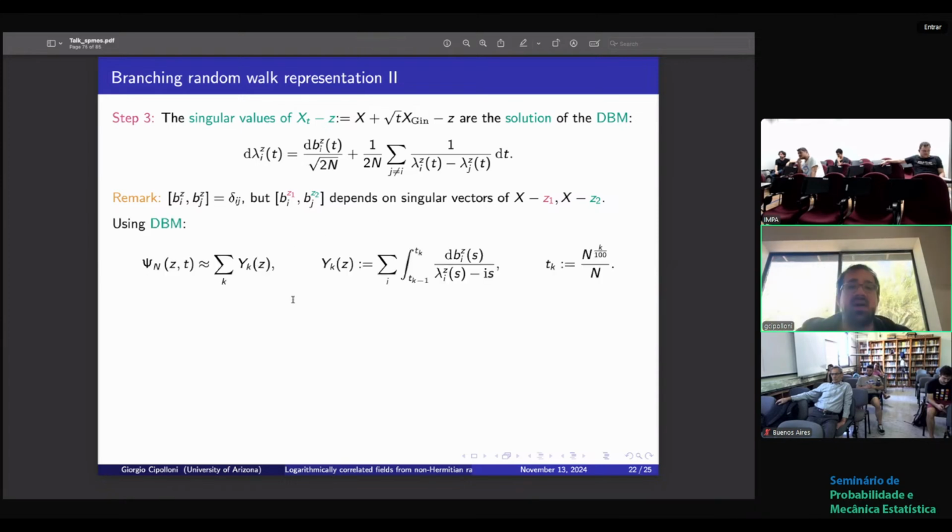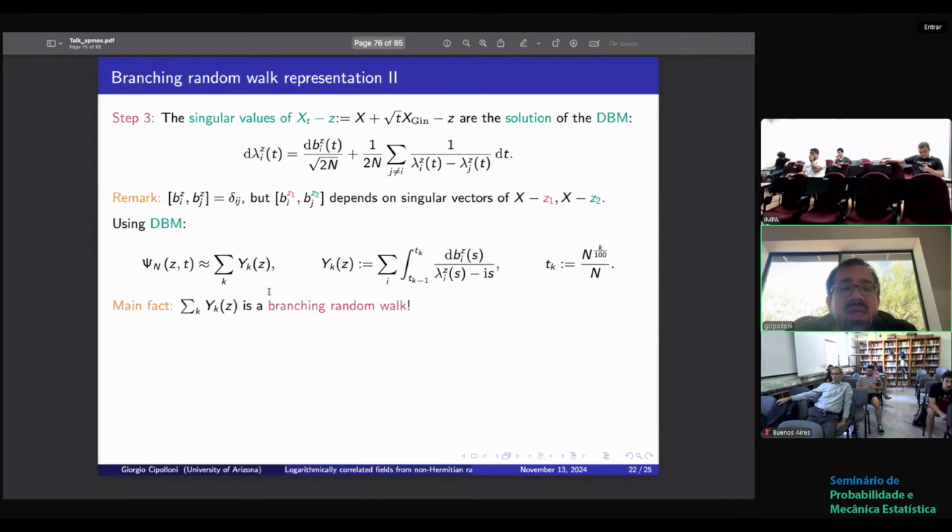The point is that, again, the precise form doesn't matter, using the Dyson Brownian motion, we can write this psi_n of z_t as the sum of these Y_k(z). The explicit form of the Y_k doesn't matter, but they are short time increments of Brownian terms, which are very explicit, as I wrote down here.